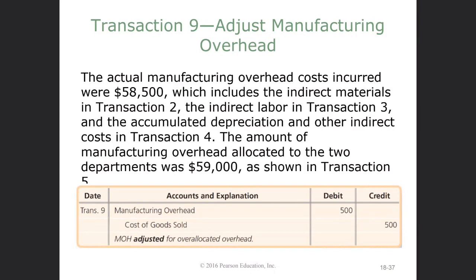So they are showing here there's a difference of 500. We see 58,500 and 59,000. For that difference, we're going to debit our manufacturing overhead account, and we're crediting our cost of goods sold for the difference of over-allocated overhead.